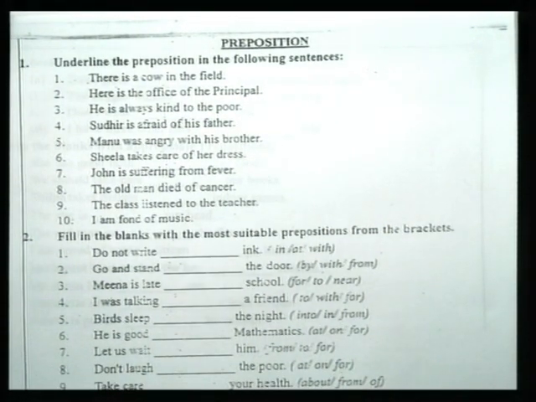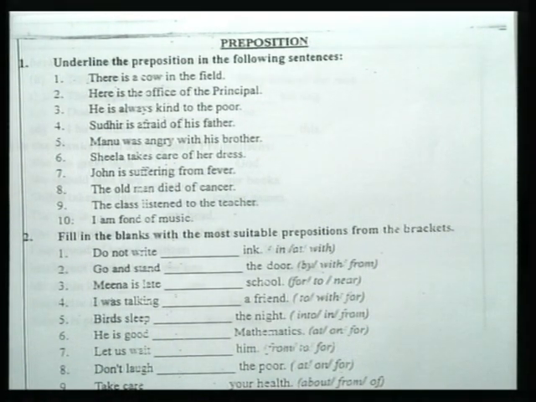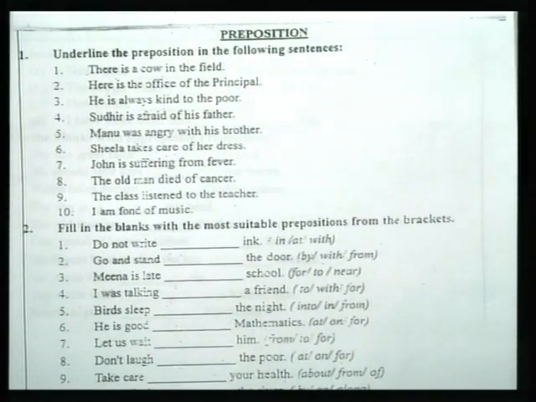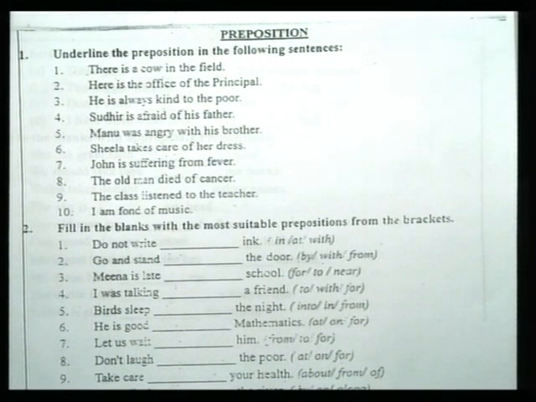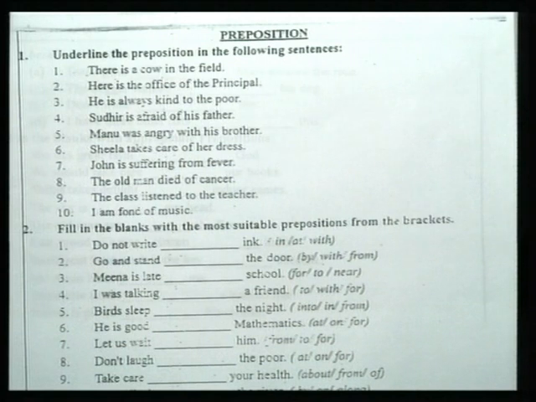Now, you have to underline the preposition in the following sentences. There is a cow in the field. Now, what is the preposition in this? Yes, it is in. So you have to underline in.